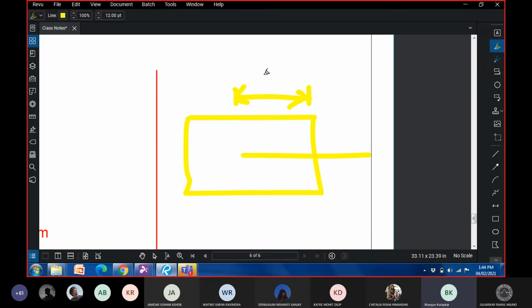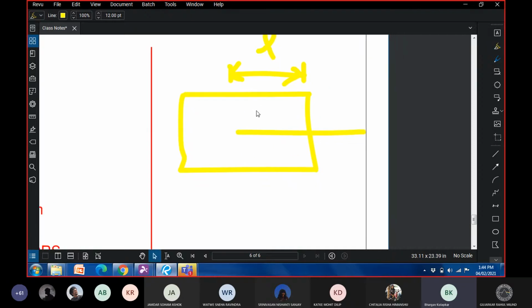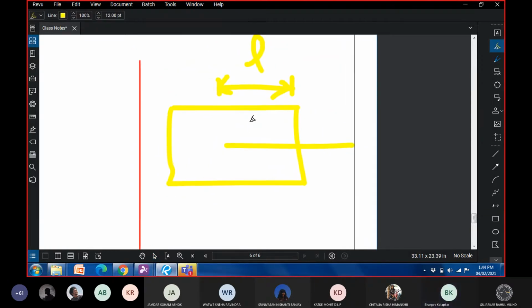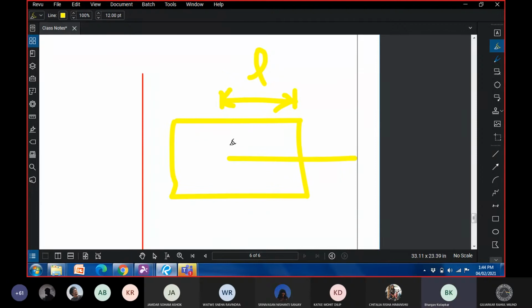This length is required to develop the full stress in the bar, which is 0.87 Fy, so it is a function of the diameter of the bar.